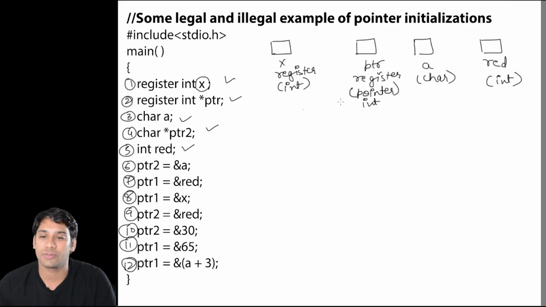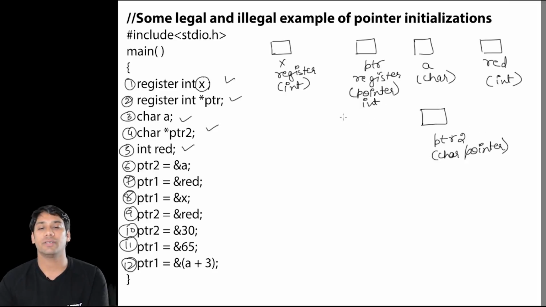I think we have not covered this pointer 2. So this is PTR2 and PTR2 is of type character pointer. That means it is going to store the address of a character.